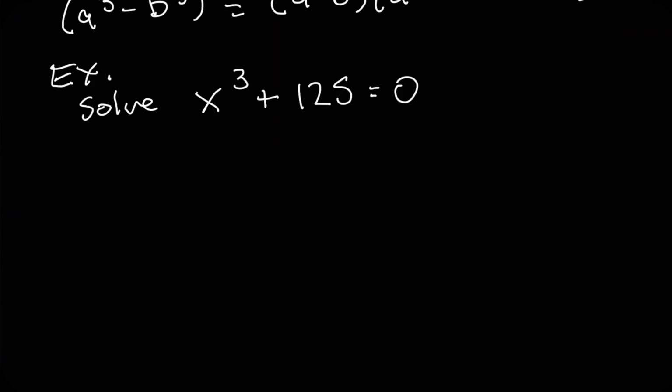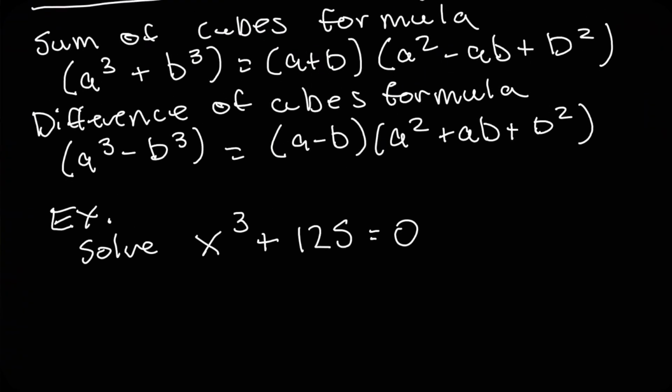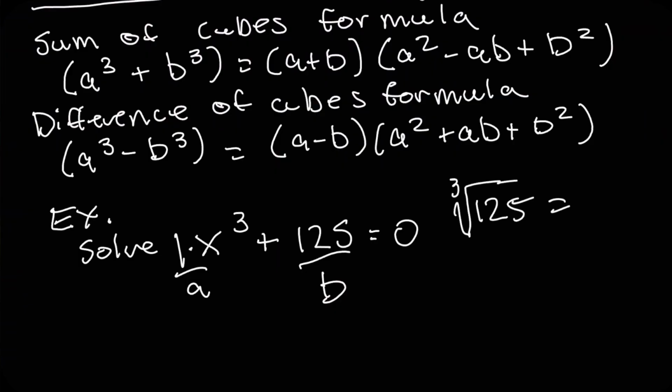So first example, we have x to the third plus 125. Let's go ahead and plug it in. So essentially we're just dealing with an a here, and then this is going to be our b. So our b, what we know is that b is going to be the cubed root of 125, which is just going to be equal to 5.